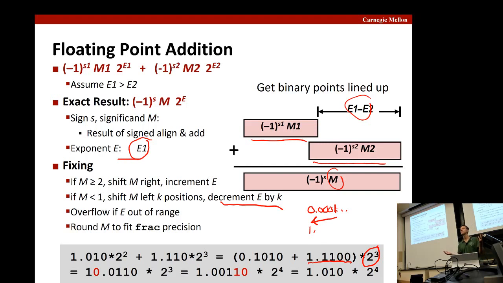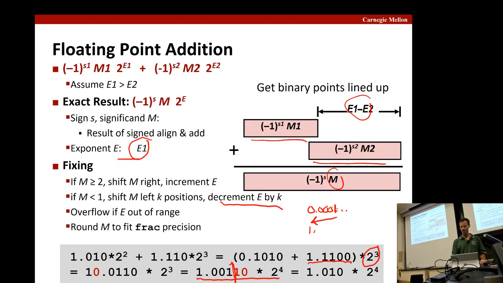Okay, and notice that's bigger than 2. So we do the trick of shifting to the left and incrementing from 2 to the 3 to 2 to the 4. Now everything's good except we have to do our rounding. Let's suppose that we have just 3 bits to represent the fraction. So that's where we're looking to round.